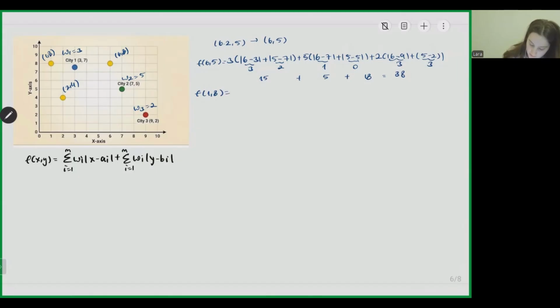So again, first city 1: 3 times 1 minus 3 plus 8 minus 7, plus 5 times 1 minus 7 plus 8 minus 5, plus 2 times 1 minus 9 plus 8 minus 2.